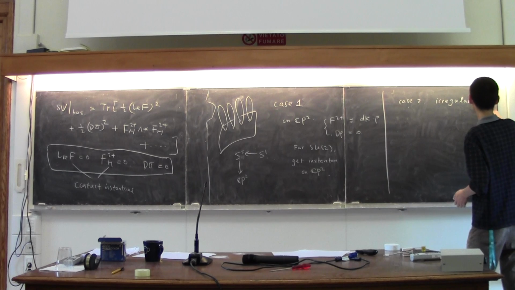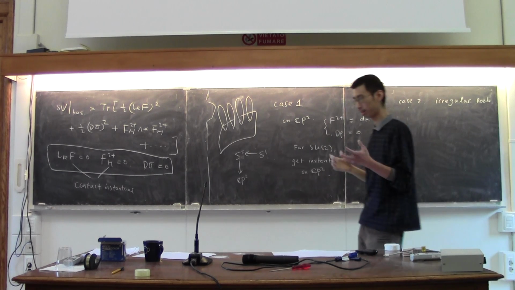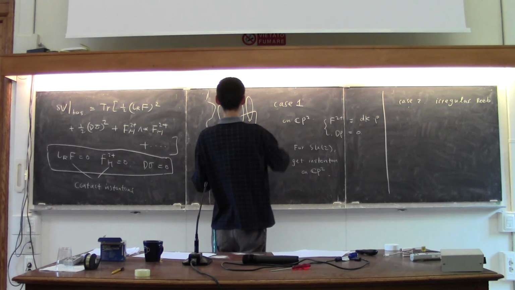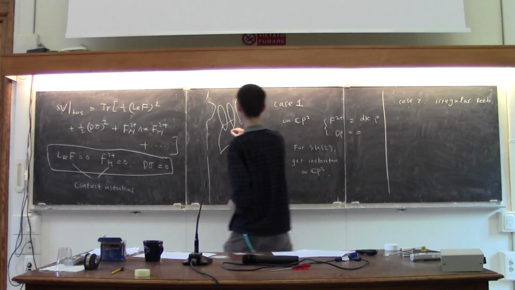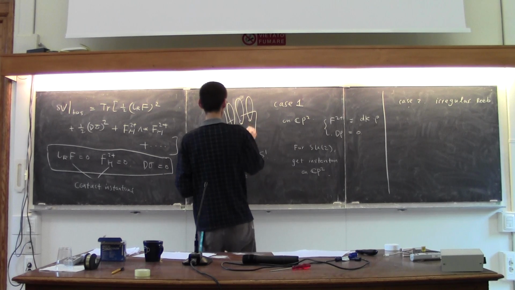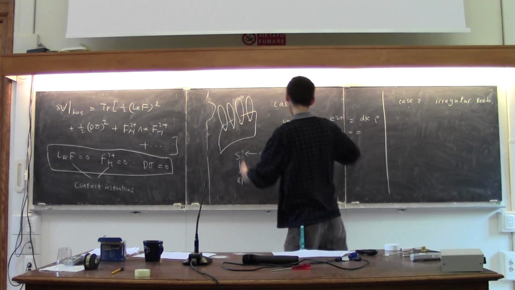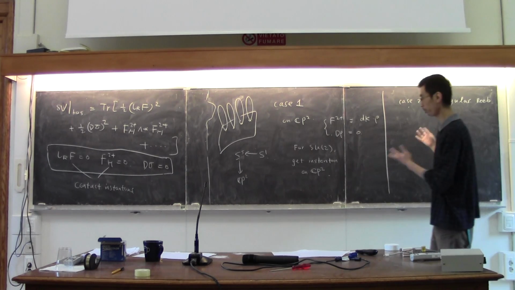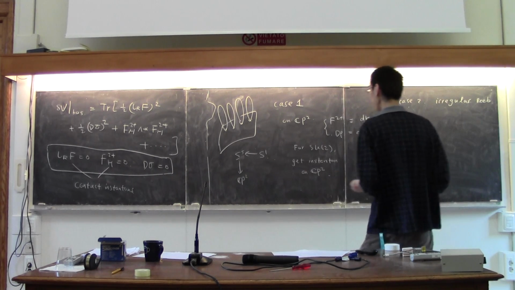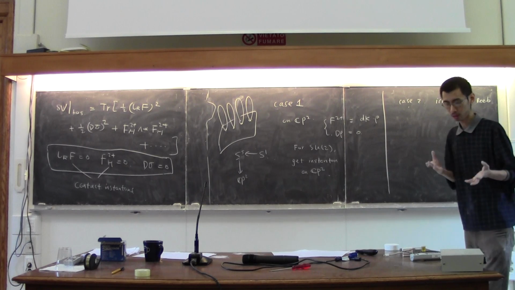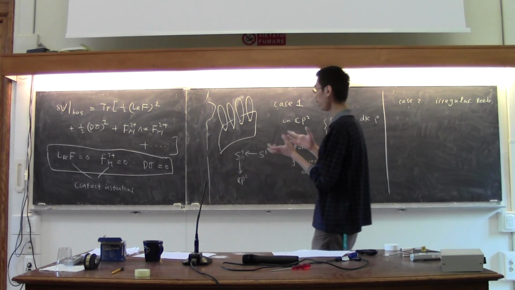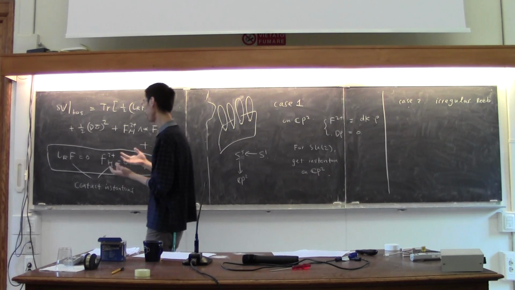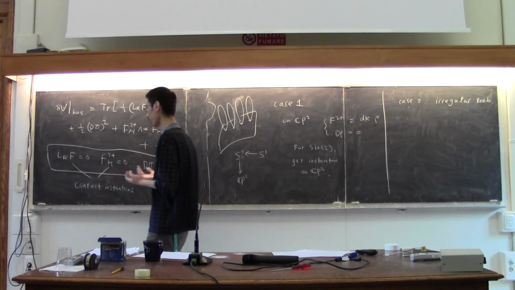The next case is the irregular Reeb, in the sense that the Reeb vector field does not have closed orbits except at a few points. So the rest of the Reeb orbits do not close. We have no conclusive results for this case, but it would seem that as soon as the Reeb vector field does not have closed orbits, you destroy almost all of the contact instantons.